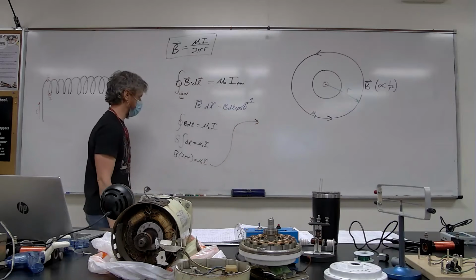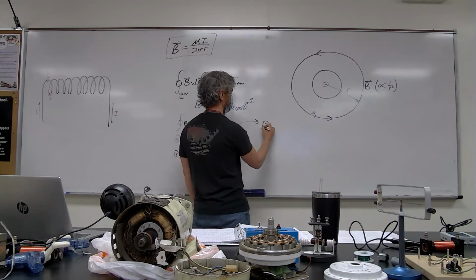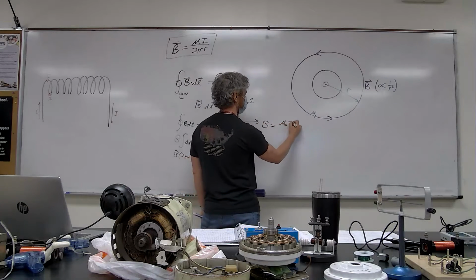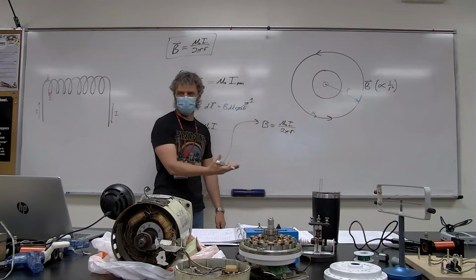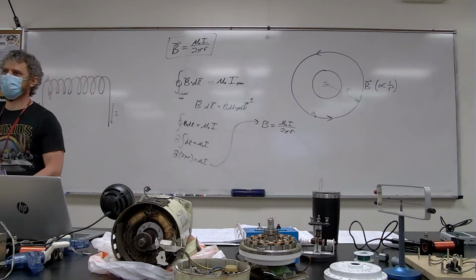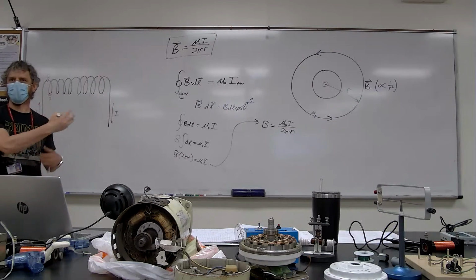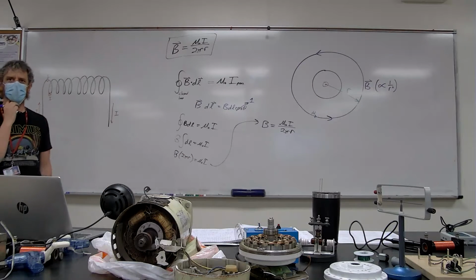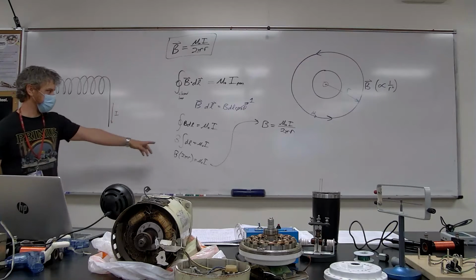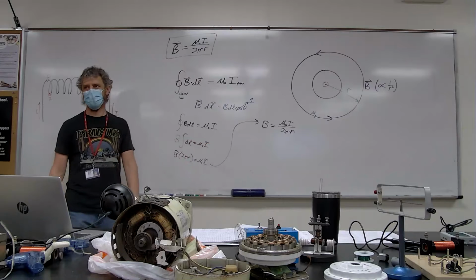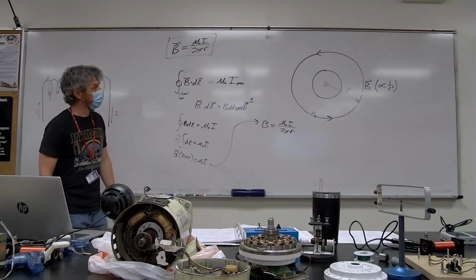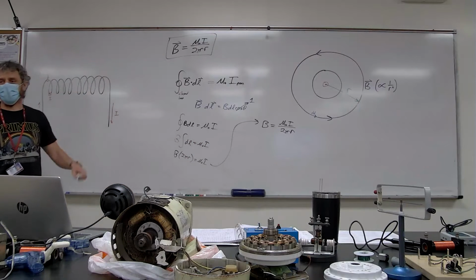Then you divide both sides by 2 pi r and you get that the magnetic field strength is mu naught I over 2 pi r. To arrive at this, we first used the Biot-Savart law to prove the relationship between the magnetic field and the current, but then we can extend that and say that the integral of B dot dl has to equal mu naught times the current. So that's how we get it for a line of charge.